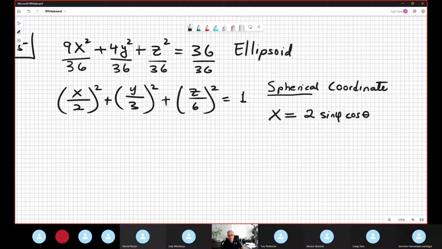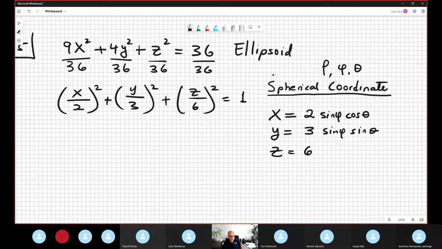In spherical coordinates, remember we have three: rho, phi, and theta. But rho is constant. Suppose it is 2 in this direction, at least in the direction of x. And y is 3 sine phi sine theta. It's the classical equation for the spherical coordinates. And z is 6 cosine phi.